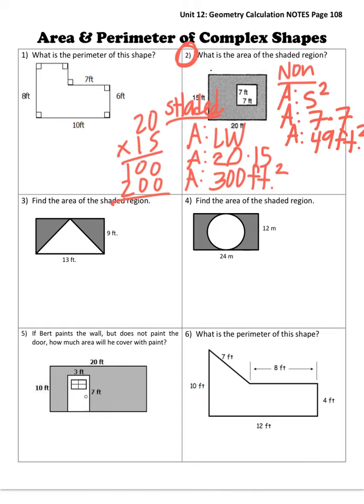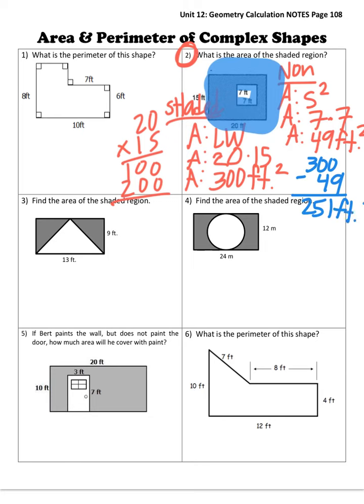Now, to find just the area of this shaded figure, so just this here, I'm going to subtract the area of the non-shaded. So we'll do 300 minus 49. That gives you 251 feet squared.